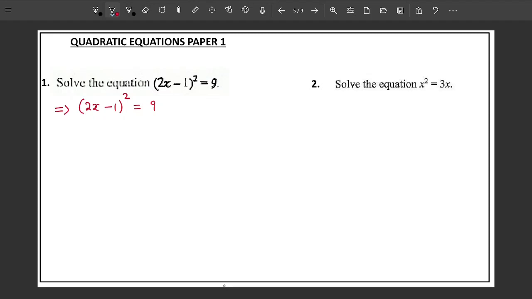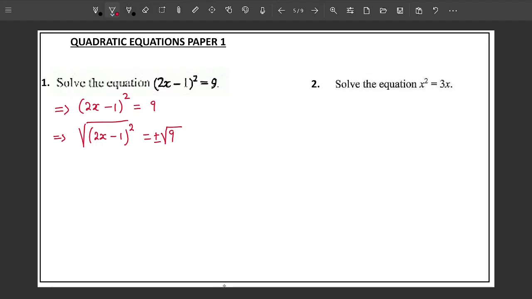To get rid of the square, you introduce the square root. So here you introduce the square root, and on the other side you also introduce the square root and you put positive or negative.